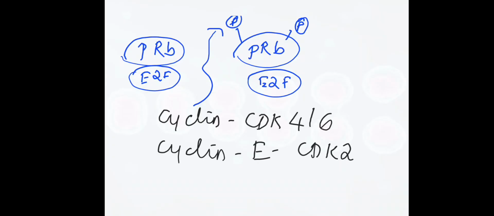When will these phosphorylate? It phosphorylates in the G1 phase. So phosphorylation of PRB protein is initiated by cyclin D CDK 4 or 6 and cyclin E CDK 2 in G1 phase.